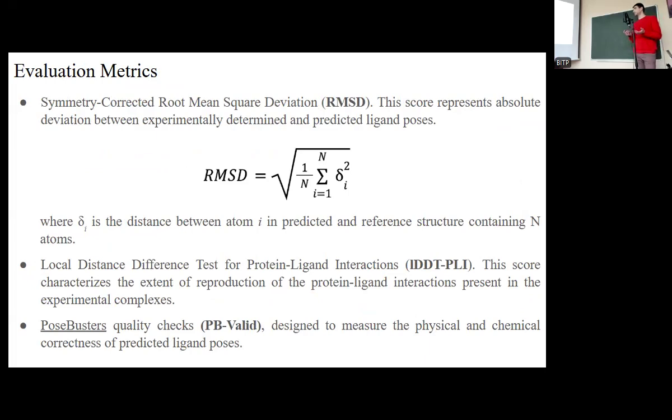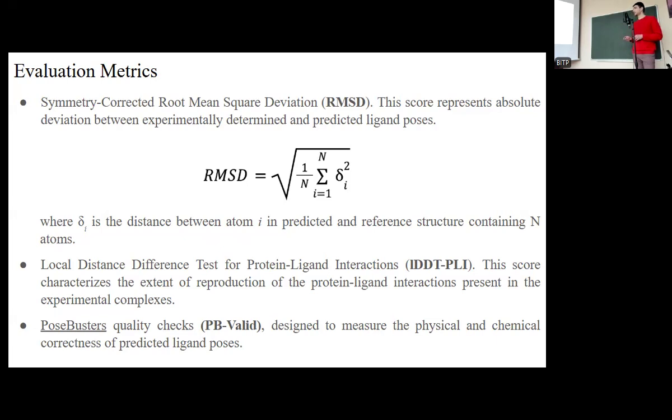For evaluation and comparison, we used two accuracy metrics and one quality metric. The first accuracy metric is canonical root mean square deviation, RMSD, between the predicted and experimentally determined ligand pose. You can see the formula on the slide, in which delta represents the distance between some atom i in the predicted and reference structure.